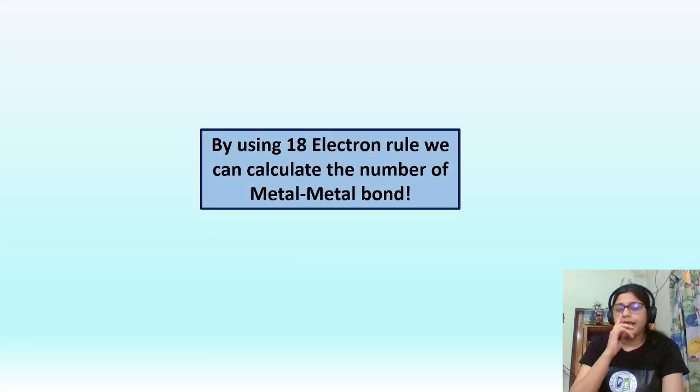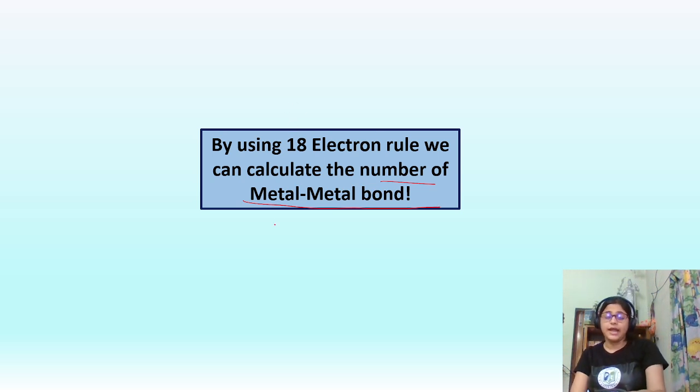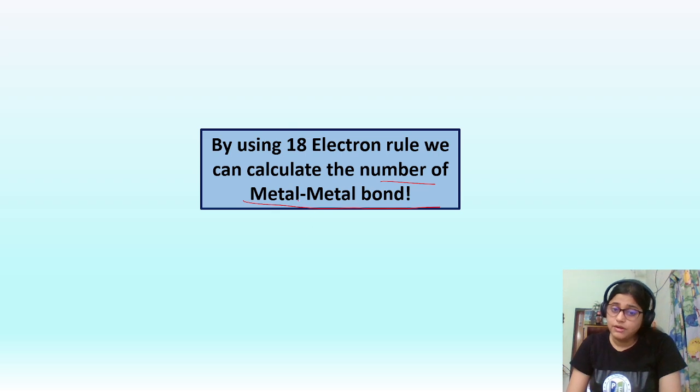Now one important thing is that by using the 18 electron rule, we can calculate the number of metal-metal bonds. This is an application of the 18 electron rule, and many questions in the exam come from this. This counting of metal-metal bonds is very important.